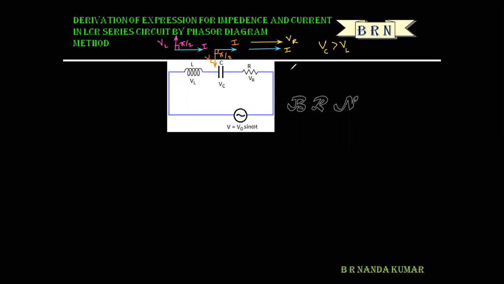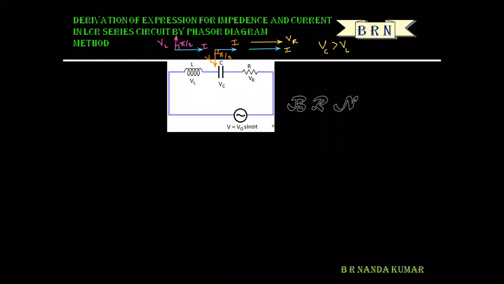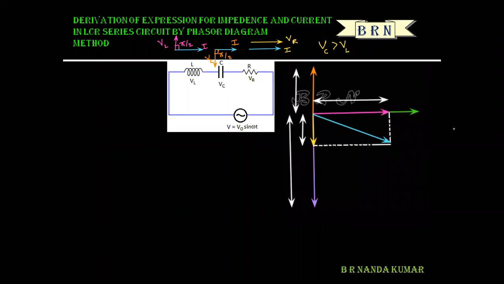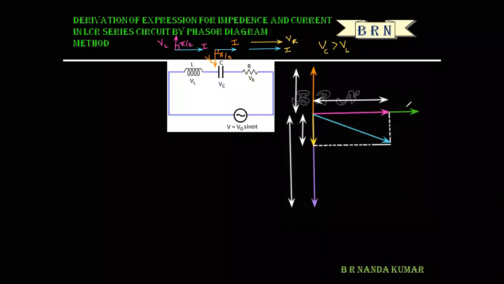Now, combining all these phasor diagrams, look at this phasor diagram carefully. Here the rotational vector of current through inductor, capacitor, and resistor is the same.